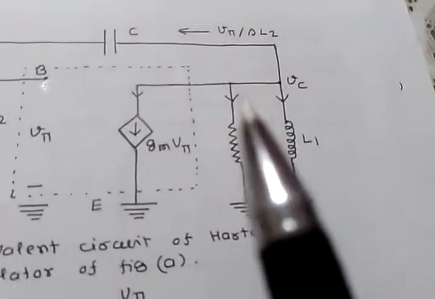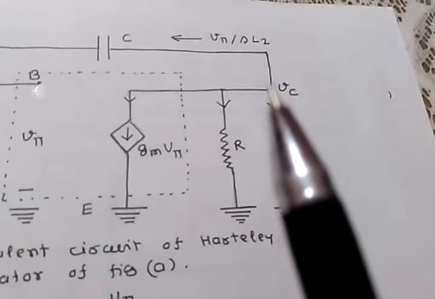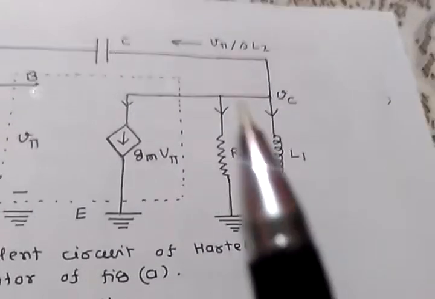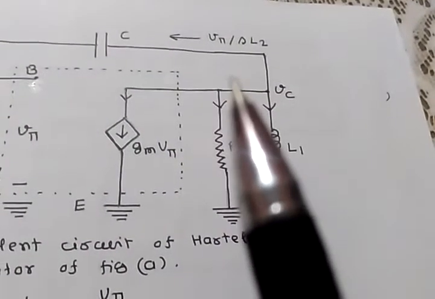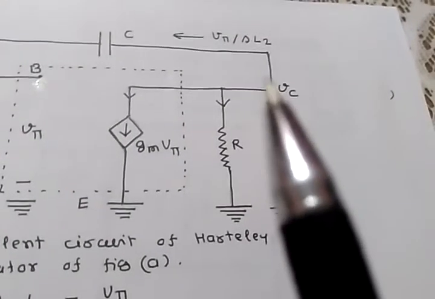Now see this junction here. The voltage at this junction is VC.